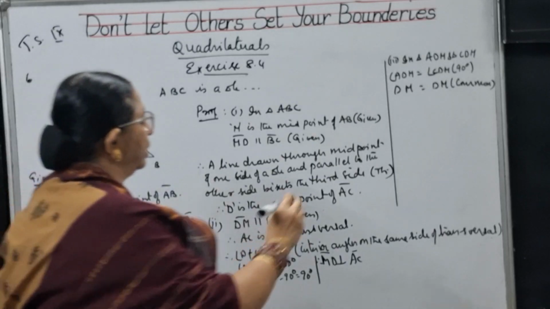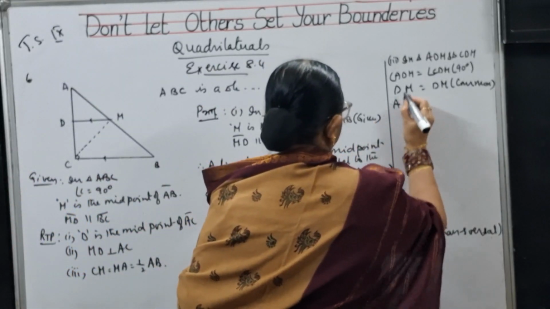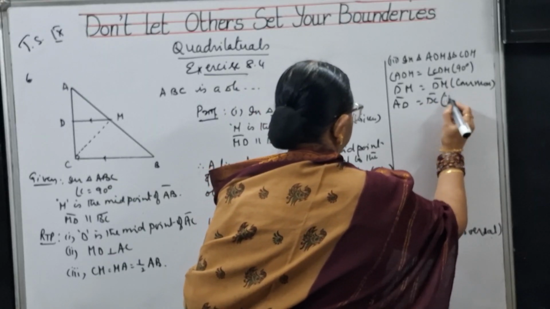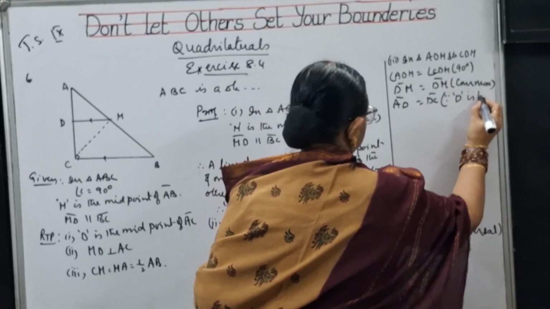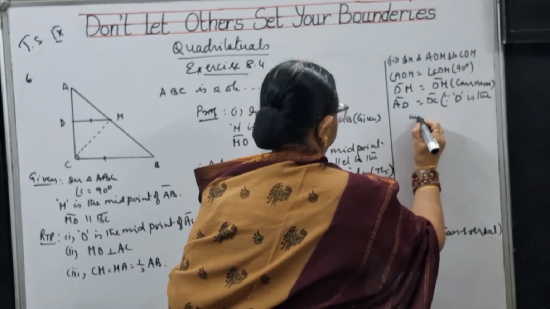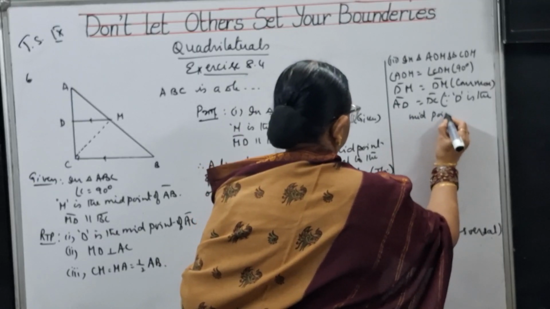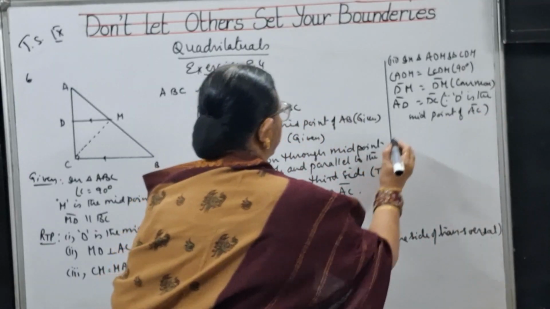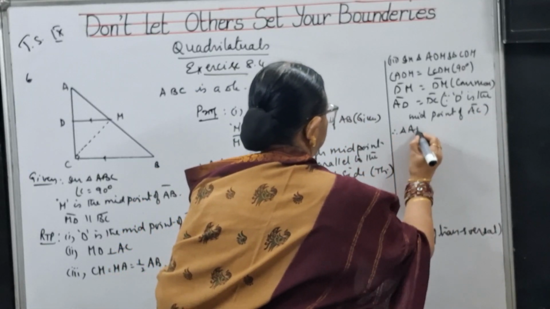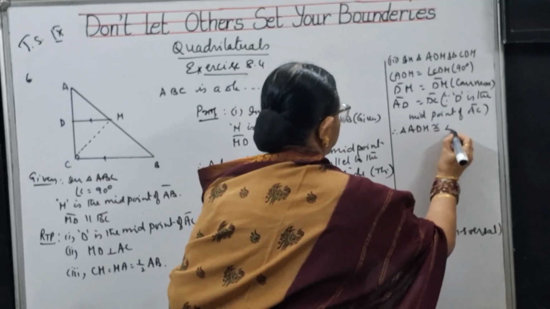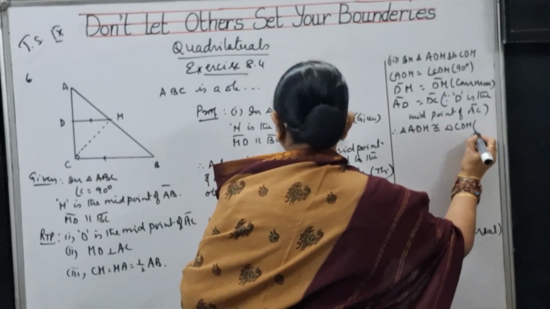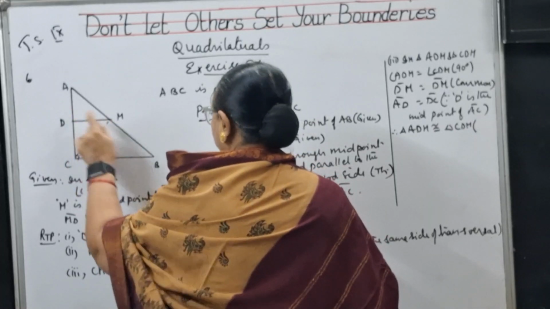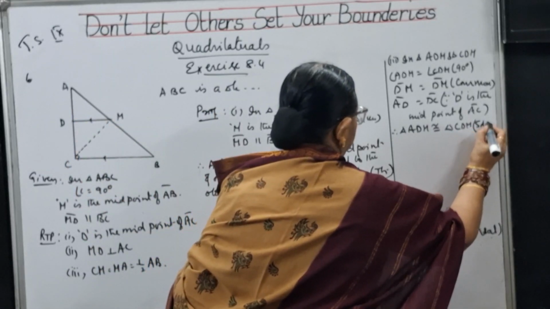We have proved AD is equal to DC. Why? Because D is the midpoint of AC. This we have proved. Therefore, triangle ADM is congruent to triangle CDM basing on, see children, these two sides, this is common side angle side property.